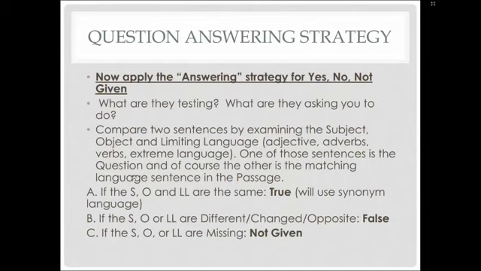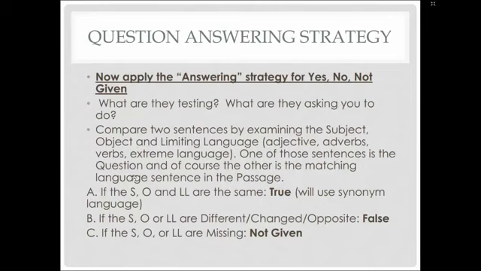All right, so when we're talking about how to answer a yes, no, not given question, it's very important to understand what they are testing. What are they asking you to do? You have to compare two sentences by looking at the subject, object, and what I call the limiting language. Limiting language means the adjectives, adverbs, verbs.